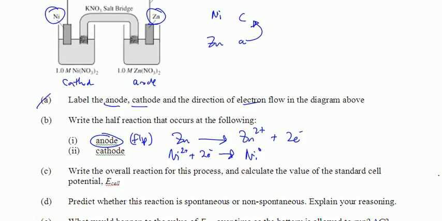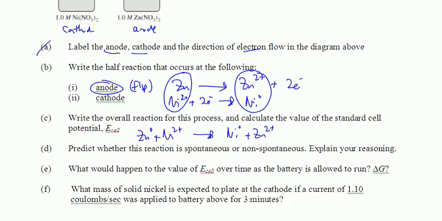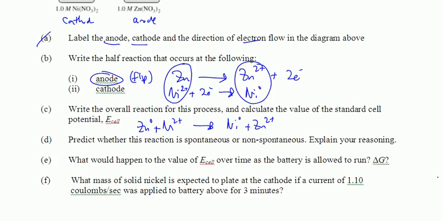Write the overall reaction. Alright, so everything that's on the left side of the reaction, Zn0 plus Ni2+, and everything that's on the right side of the reaction, Ni0 plus Zn2+. And calculate E. So E equals E ox plus E reduced.